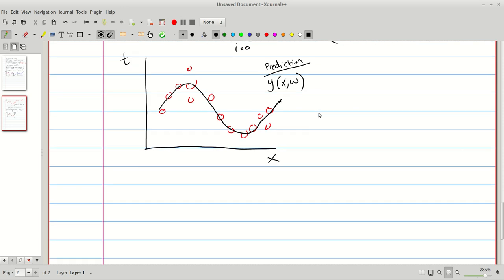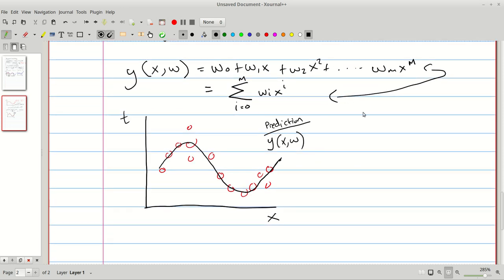So we have three classes of problems here. Like I said, we have x1, and then we have t1. So we know what x1 is because it's here. This is x1, t1, let's say.